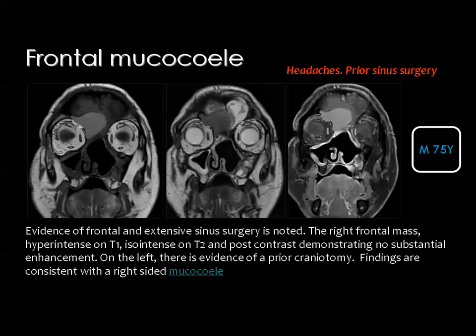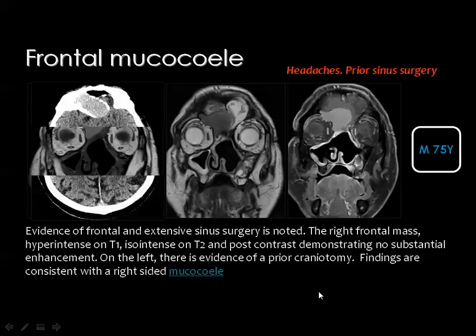Mucoceles on MRI sometimes show dark signal on T2 weighted images, and they show bright signal on the T1 weighted image. After contrast injection, they will not show enhancement, or they may show only marginal contrast enhancement.